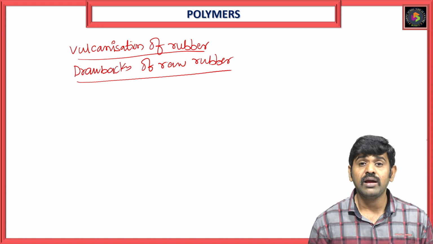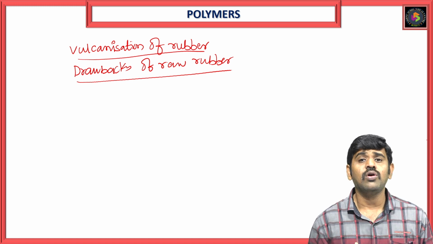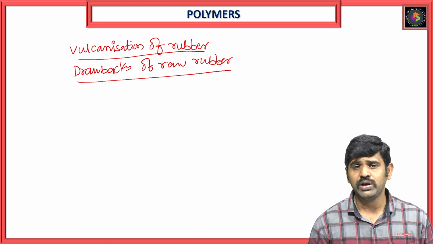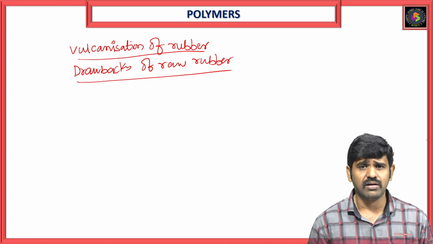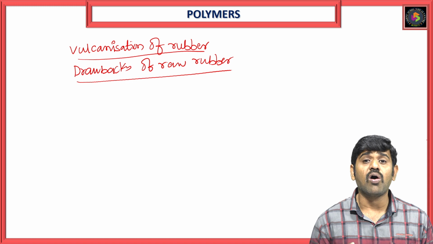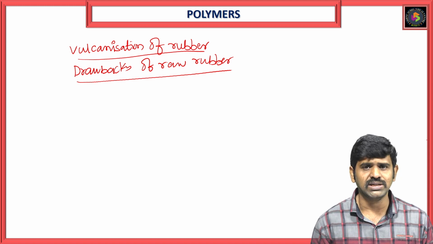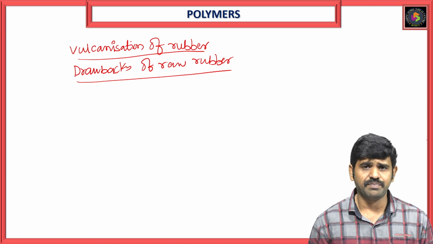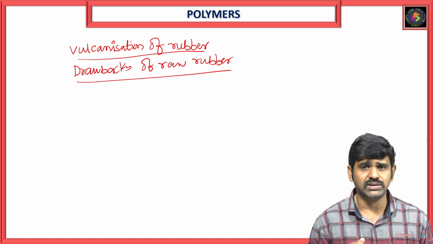It absorbs a large amount of water, and it is non-resistant to non-polar solvents like gasoline, benzene, carbon tetrachloride, etc. Raw rubber is highly attacked by oxidizing agents such as chromic acid, nitric acid, sulfuric acid, etc. And it swells in organic solvents, right?